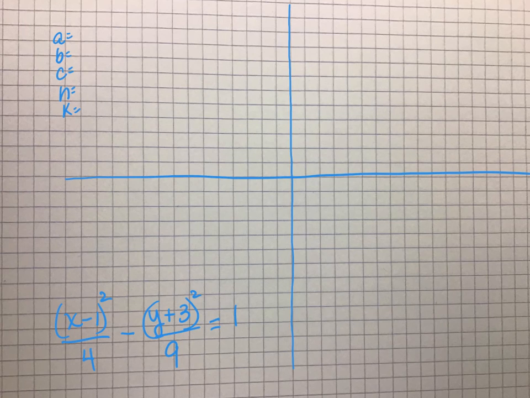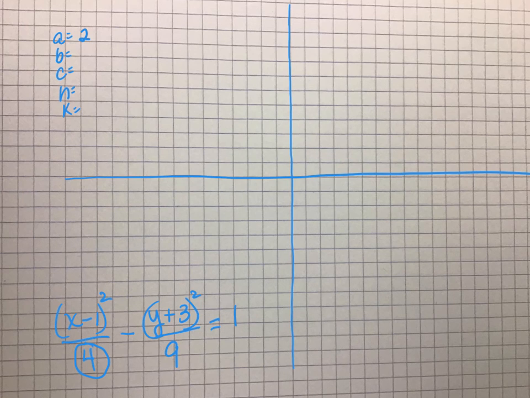You're going to graph hyperbolas. First of all, this is the a squared underneath the positive term. It's always the first guy. So here, a squared is 4, so a is 2, the square root of 4. Everybody get that?